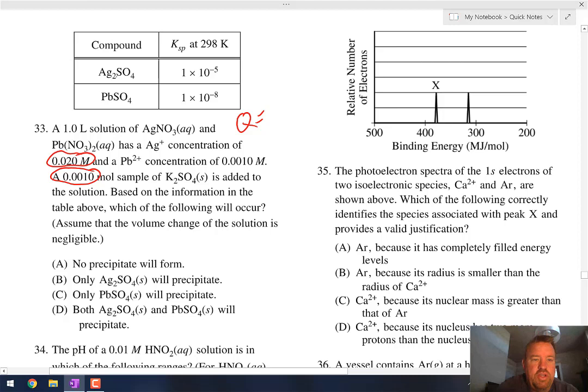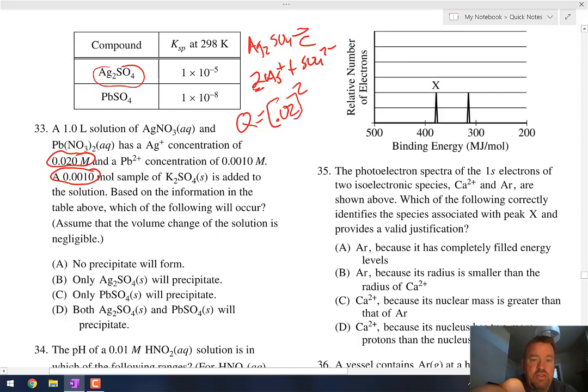So for silver, it's Ag2SO4. So when we split that apart at equilibrium, we get 2 Ag+ plus SO4 2-. So for Ag, we've got 0.02, and I'm going to leave that last zero off just to save some space, and that has to be squared, because there's two of them, times 0.001.